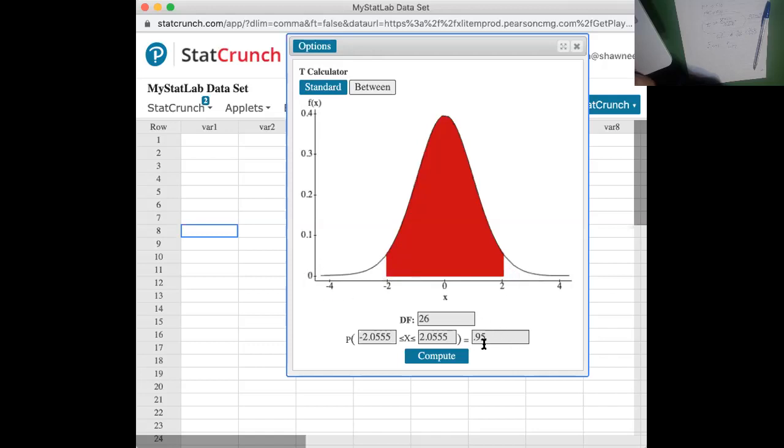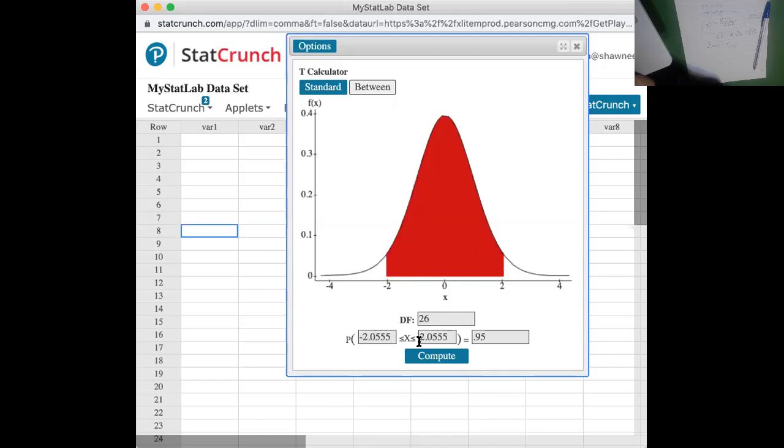So this is another way to get the same thing, right? Because you can think of this as your confidence level. So a 95% confidence level is a 0.95 confidence probability. And that is that you're inside these, and these would be T star numbers, right? Even though it says X up here, we're in a T calculator, and we gave it degrees of freedom, so we know we're talking about T values here.